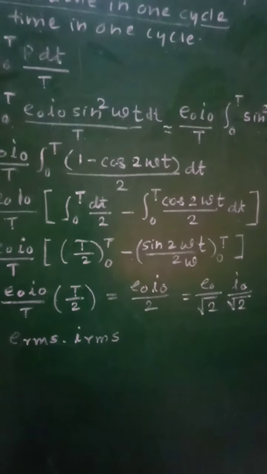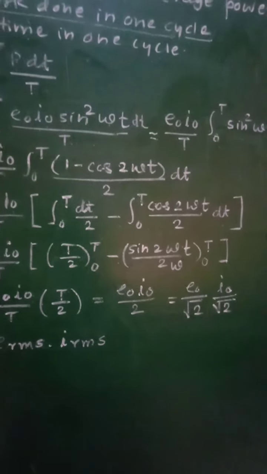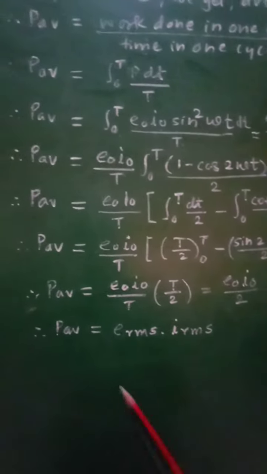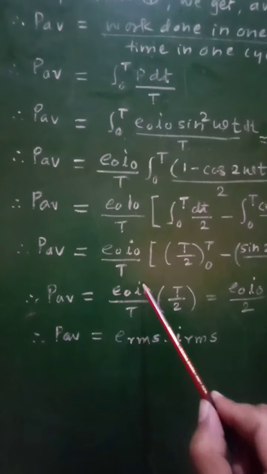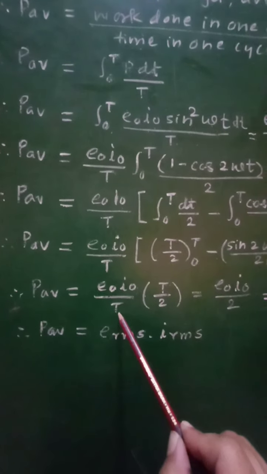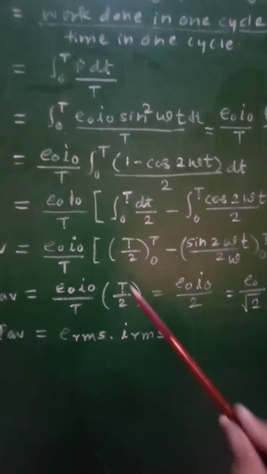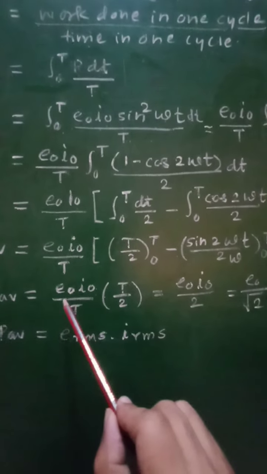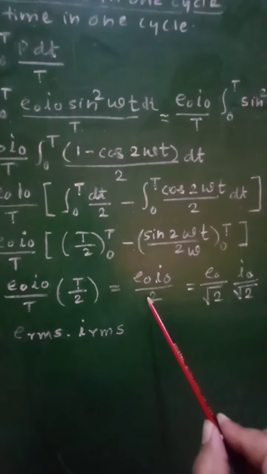So P average is equal to E0 I0 upon T into T by 2. Then T will get cancelled, and we get E0 I0 upon 2.